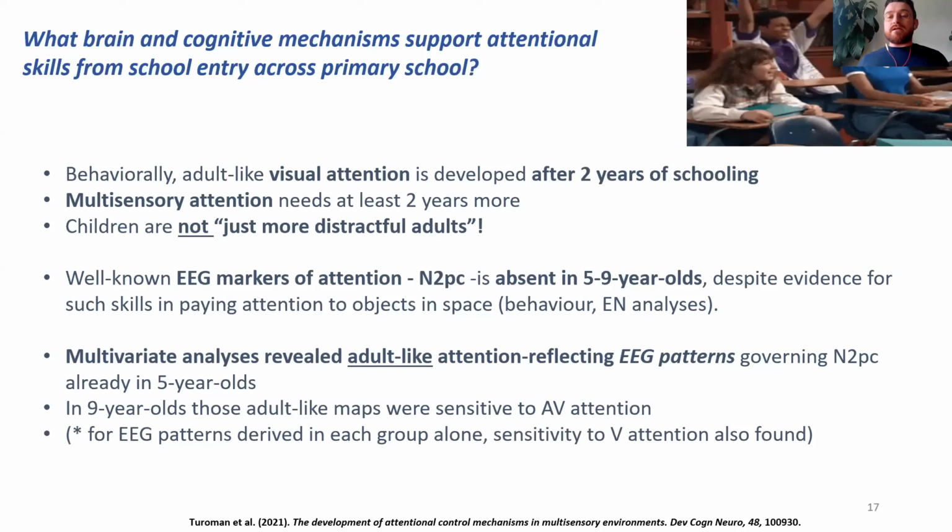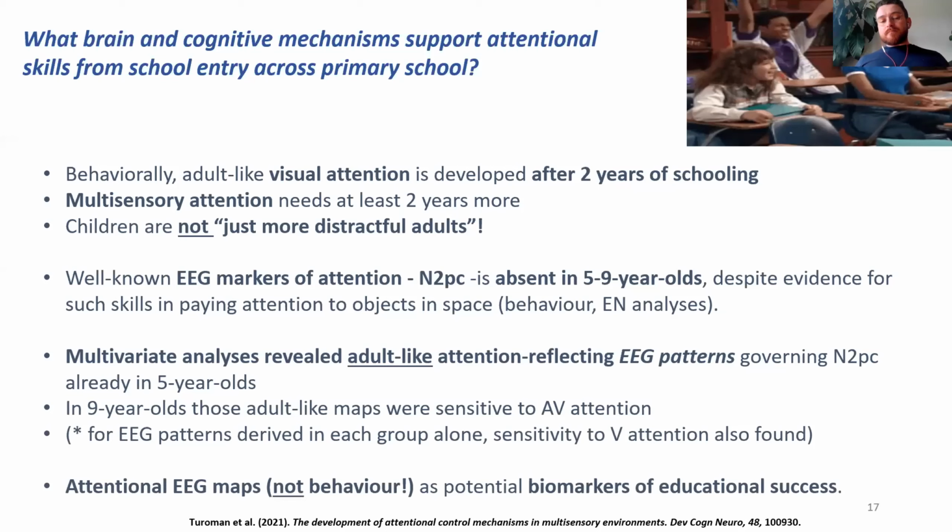And then in another work that I didn't have time to show you here, when we just did clustering of the data within each age group of the kids, we also found sensitivity to visual attention.